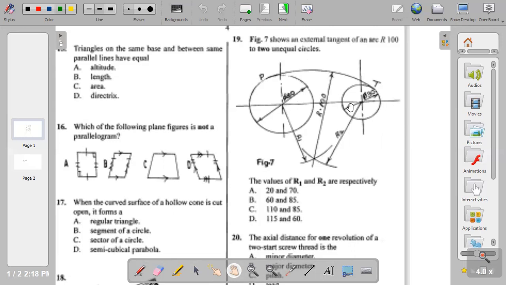So you subtract the radius. We are going to deduct radius from radius 100. We'll take out radius 40, and from 100, we'll take out radius 15. Please never use the diameter for deduction.